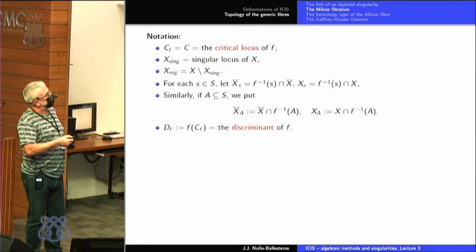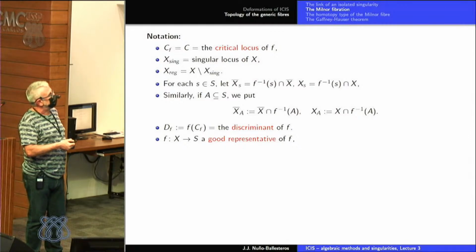D of f is the image of C of f, which is the discriminant of f. This is well defined, this is analytic. And finally, the restriction of f to X to S, we call it a good representative of f, and the same for the X bar. This is called a good proper representative of f.